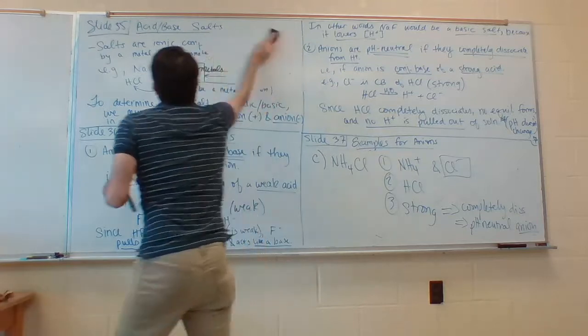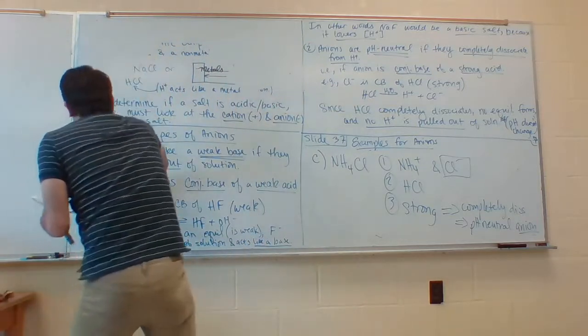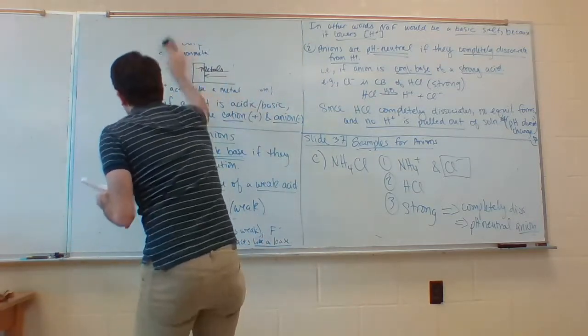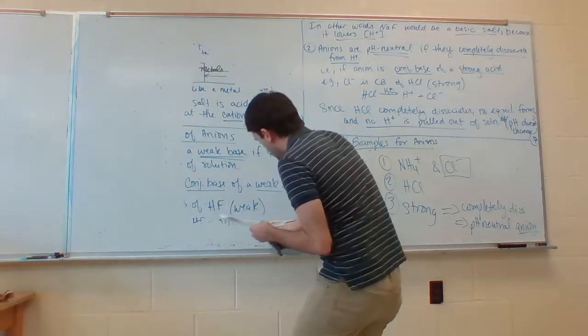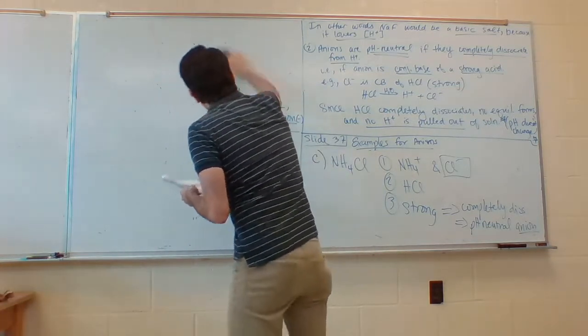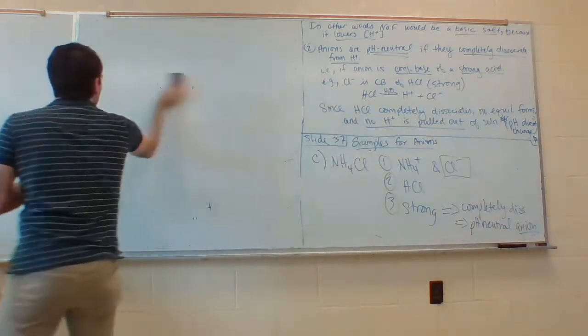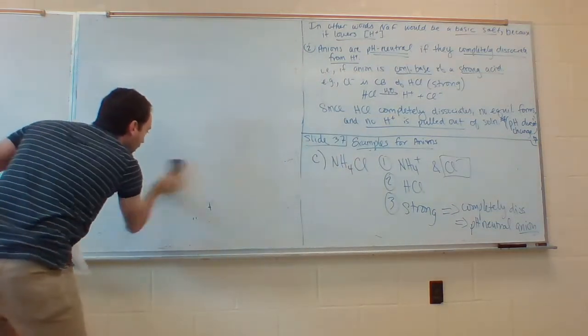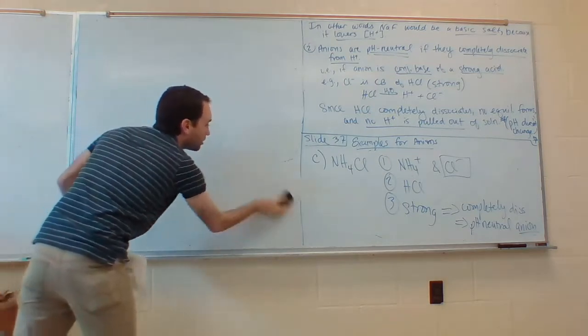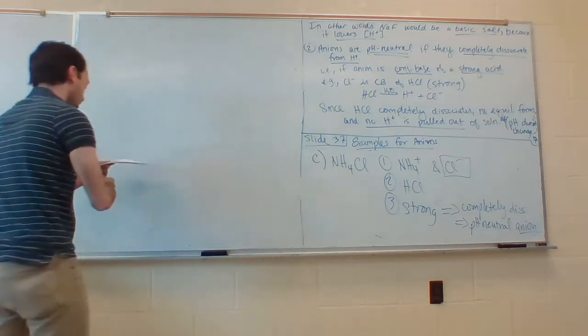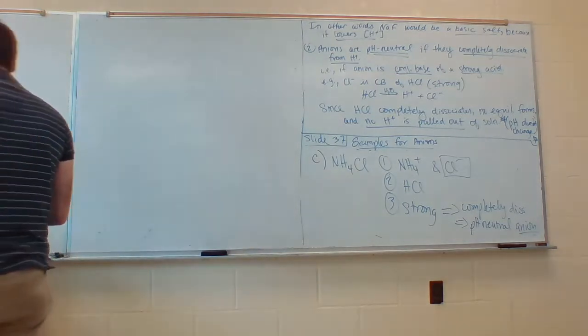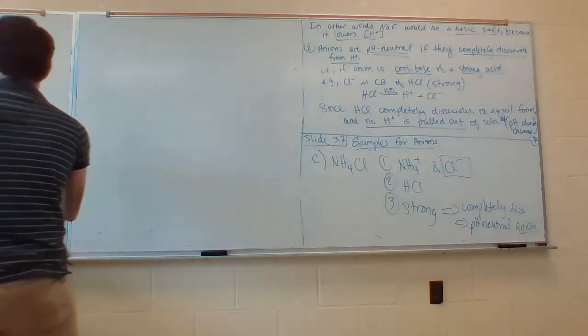Now, before we talk about cations, I want to do one more problem-based example of something you might see on a quiz or an exam. And that's on slide 38.